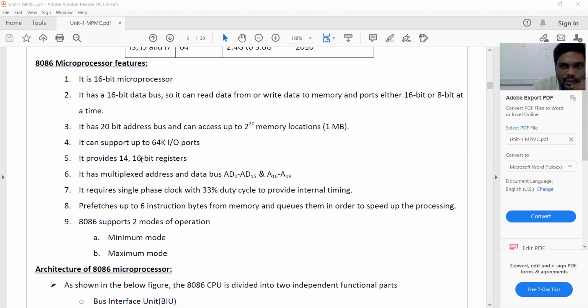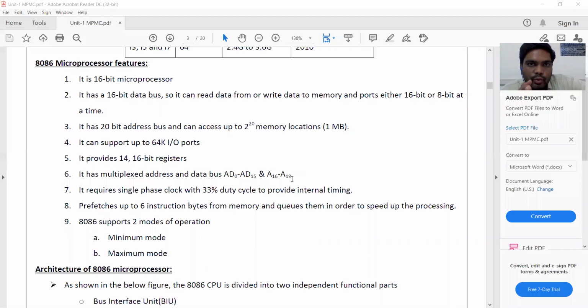And next, it has multiplexed address and data buses, nothing but AD0 to AD15 and A16 to A19. This is very interesting to understand, though it looks a bit difficult. You know what a multiplexer is?